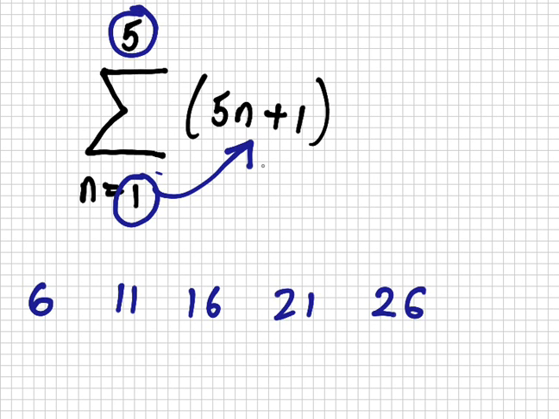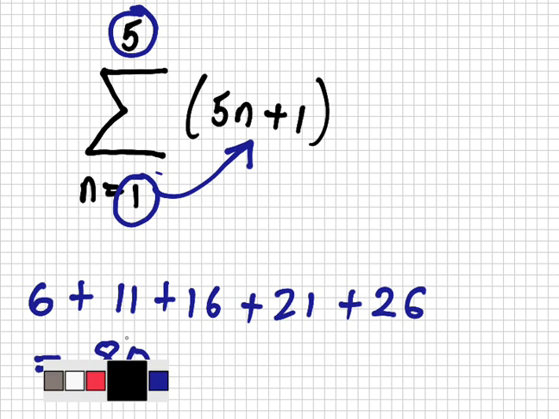So you start with n equals 1, put it inside, and continue until you get n equals 5. And you add them together. So can someone type them in, please? What is it? 80. Okay.